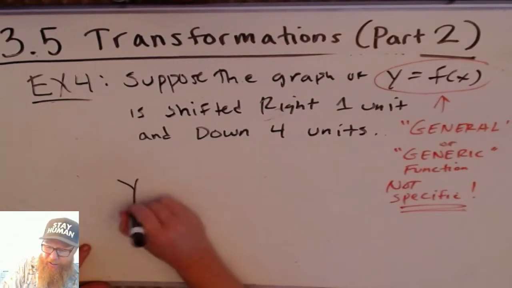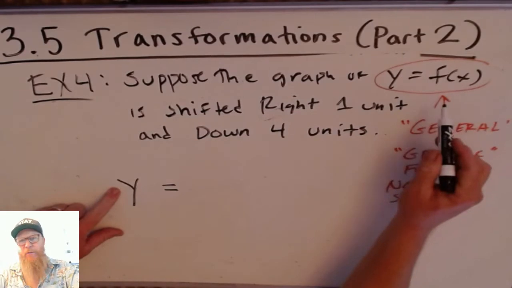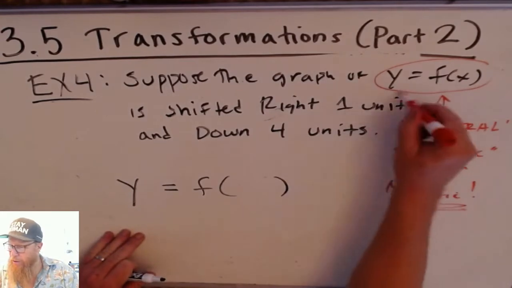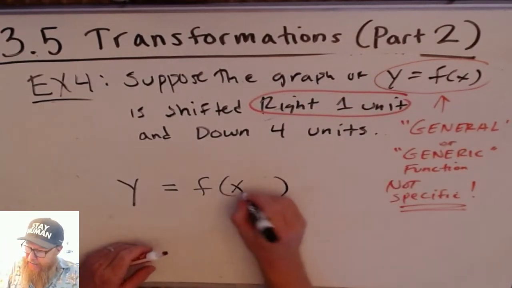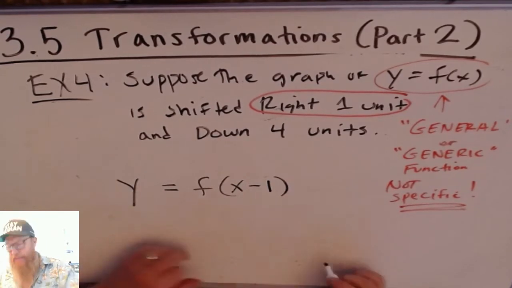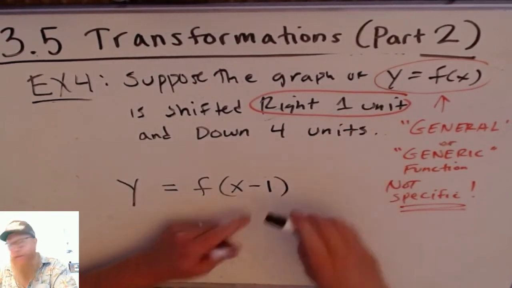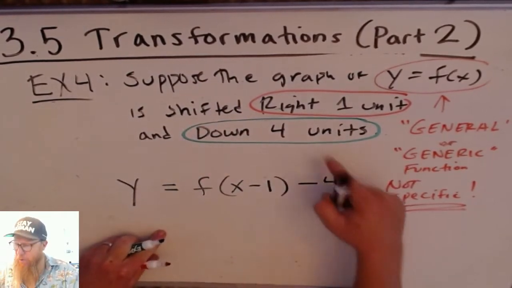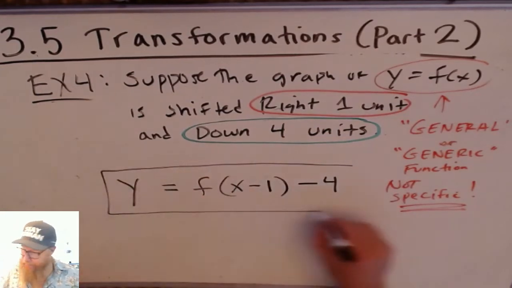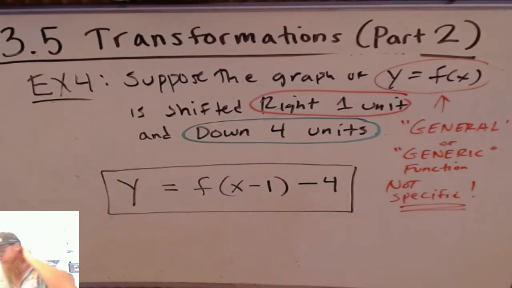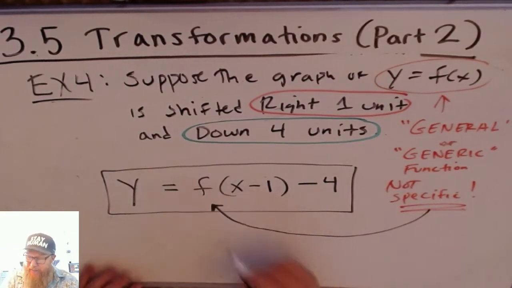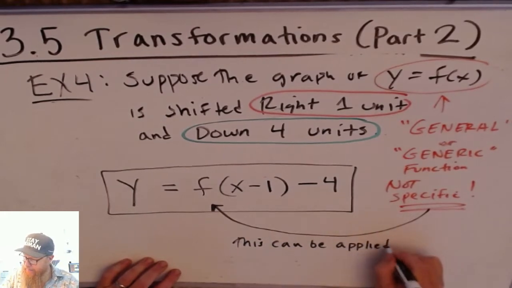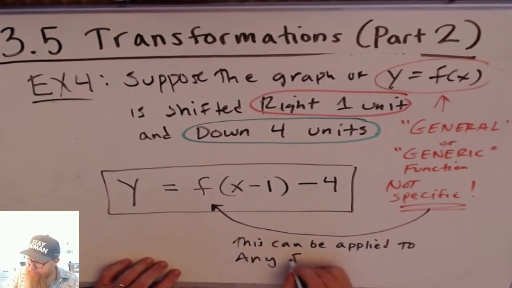We're just going to take this generic function, y equals f of x, and we're going to apply the transformations, right 1 unit. So we're going to say x minus 1, because that's right. And then down 4 units, minus 4 on the outside. So this is not specific. This can be applied to any function.